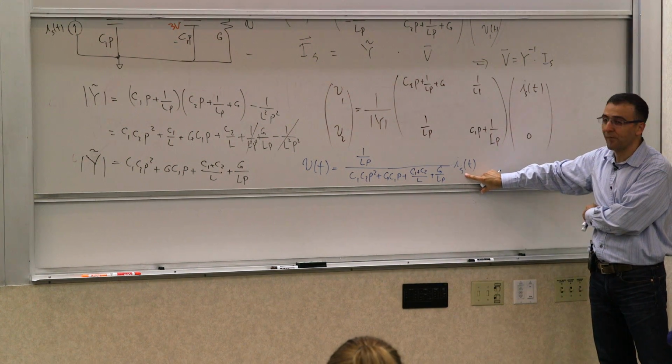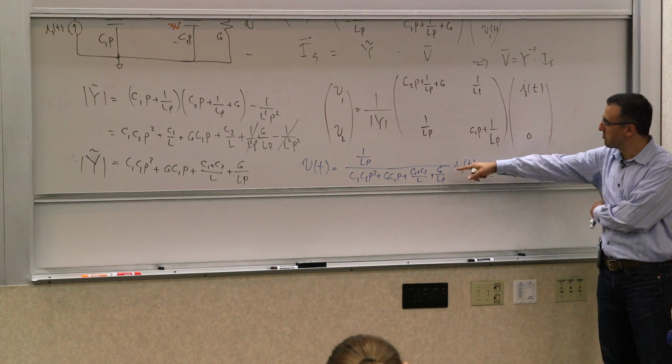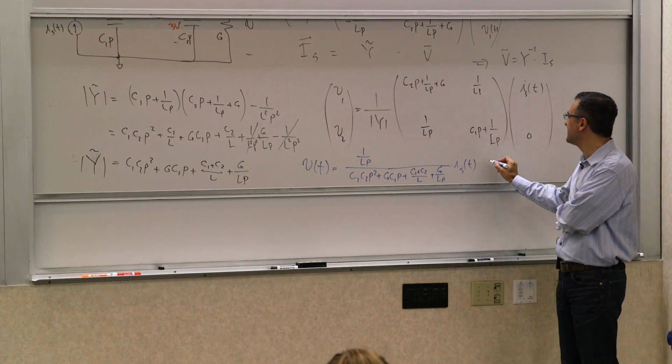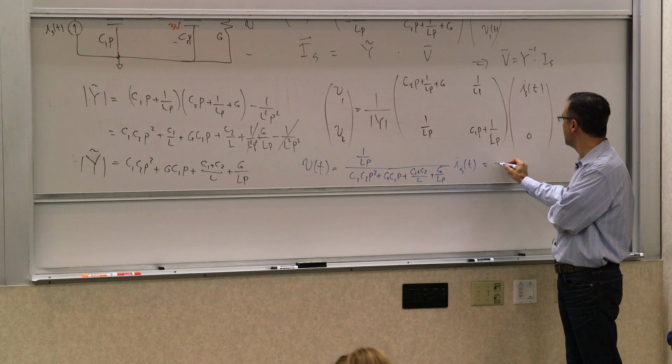Right? So that is the system. And you can actually simplify it by multiplying by LP, numerator and denominator.